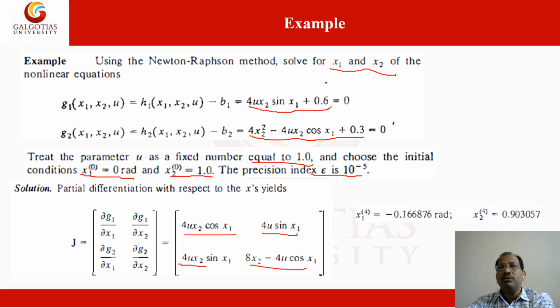After the fourth iteration, we are getting this condition, so we can terminate. So overall x1 and x2, this is the solution. Same process we have to apply here. This is the simplest example of the Newton-Raphson method in a mathematical way.